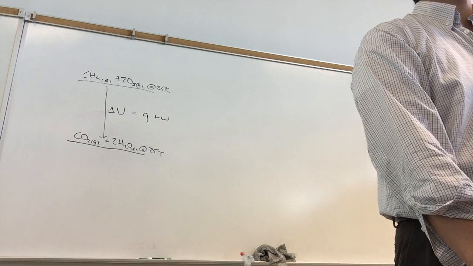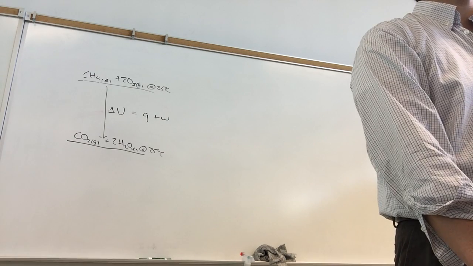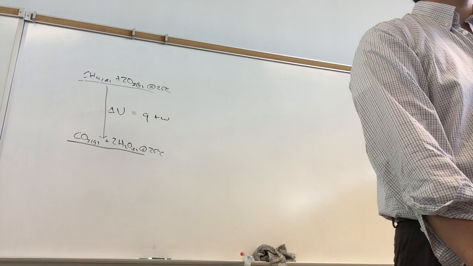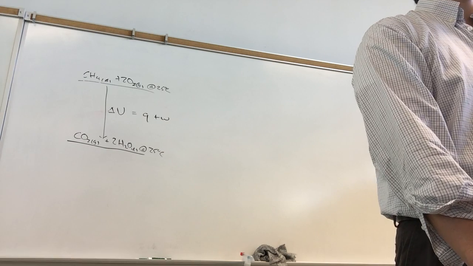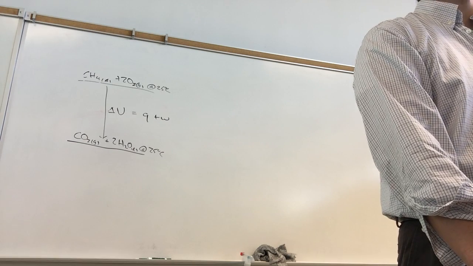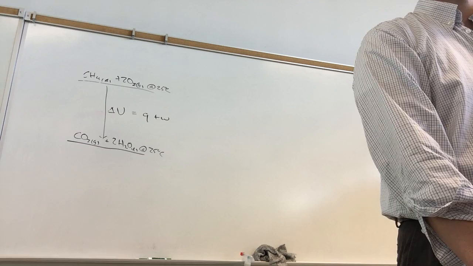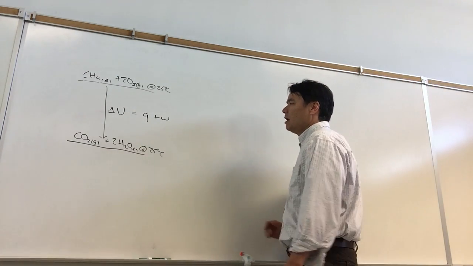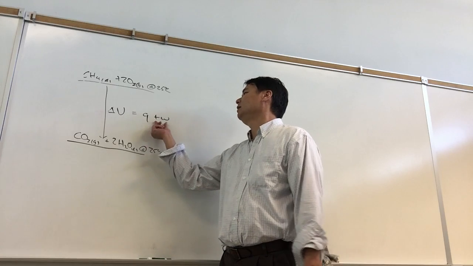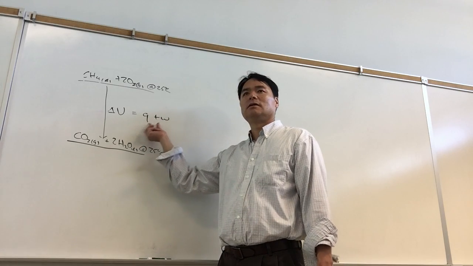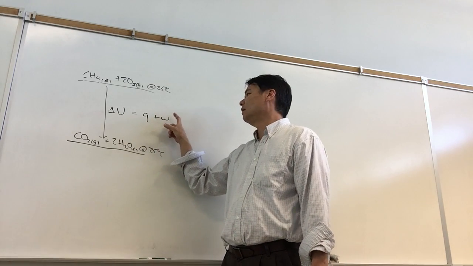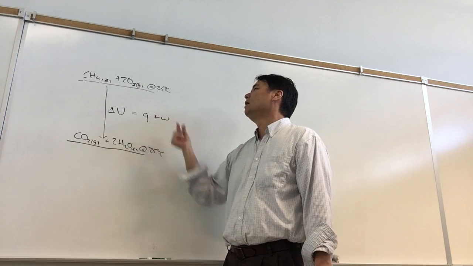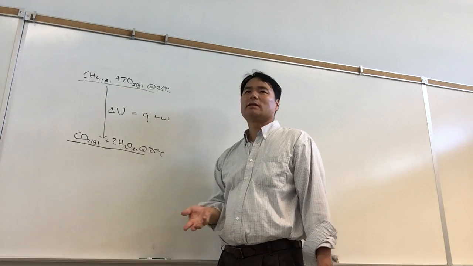If work was done, then are we going to get as much heat? Well, it depends on who does the work. And so depending on who does the work, we'll get more heat or less heat. In other words, when we burn a mole of methane, we don't always get the same amount of heat.